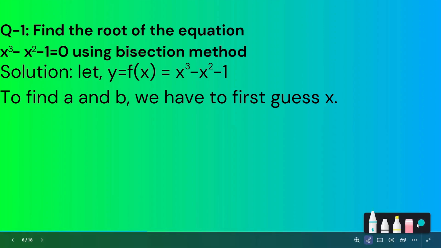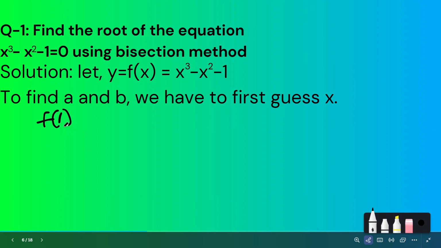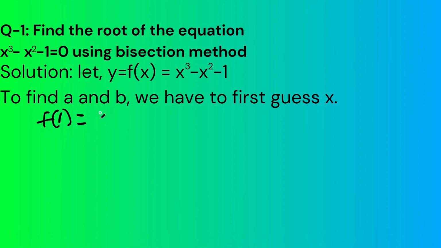Okay, let's see. f(1) equals 1 cubed minus 1 squared minus 1, which is negative 1, so it is smaller than 0.